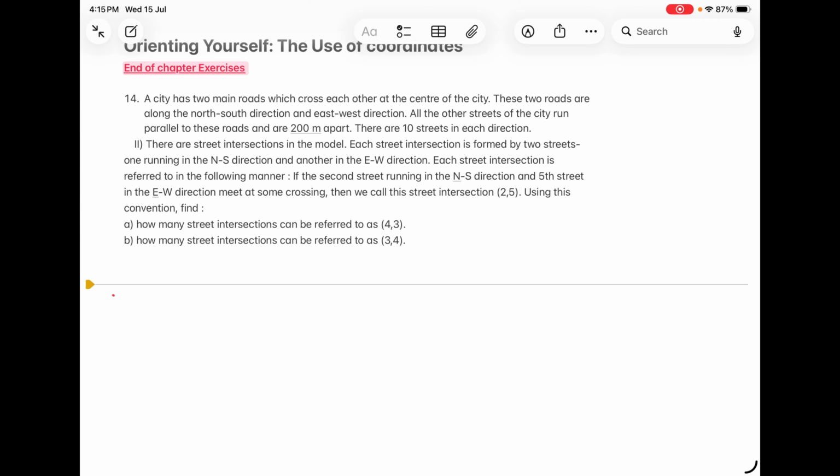If the second street running in the north-south direction and the fifth street in the east-west direction meet at the same crossing, then we call this street intersection 2-5. Okay, 2-5 is the intersection. Using this convention, find how many street intersections can be referred to as 4-3 and 3-4.